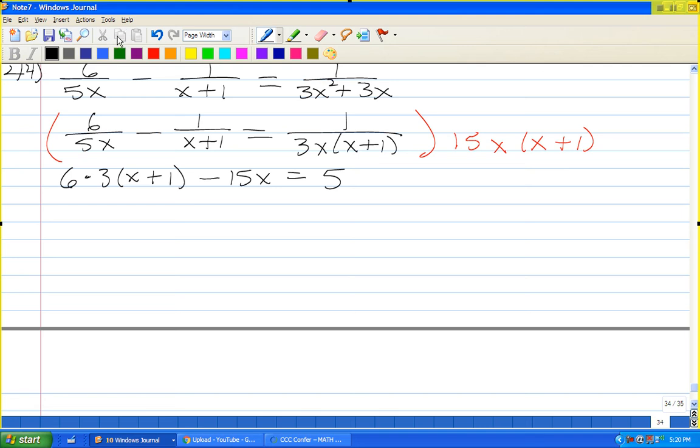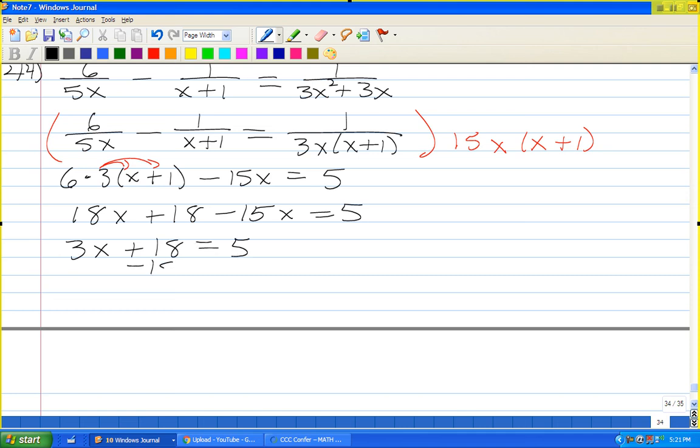Let me multiply the 18 inside the parentheses. So I get 18x plus 18 minus 15x is 5. And so 18x minus 15x, 3x plus 18 equals 5.